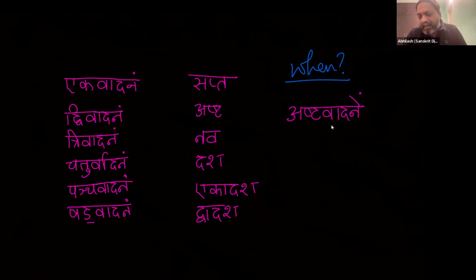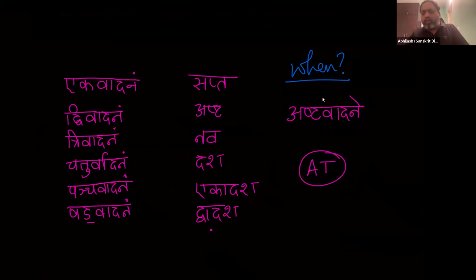This A is an indicator of at. Ekavadane, Dvivadane, Trivadane, Chaturvadane, Panchavadane, Shadvadane, Saptavadane, Ashtavadane, Navavadane, Dashavadane, Ekadashavadane, Dwadashavadane. Okay?